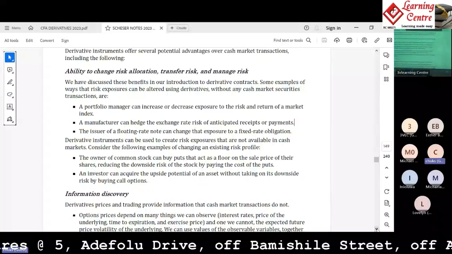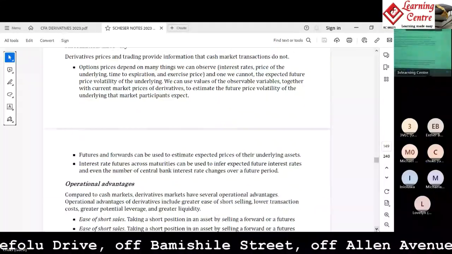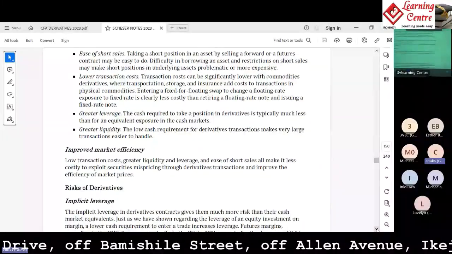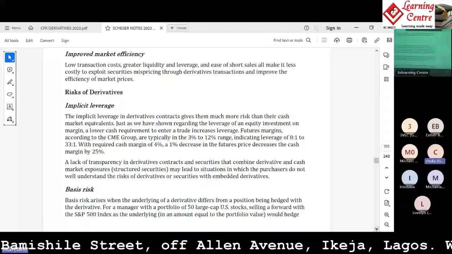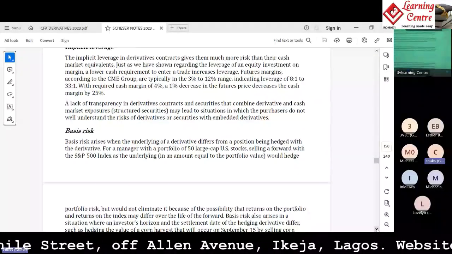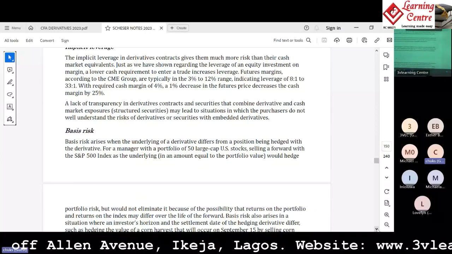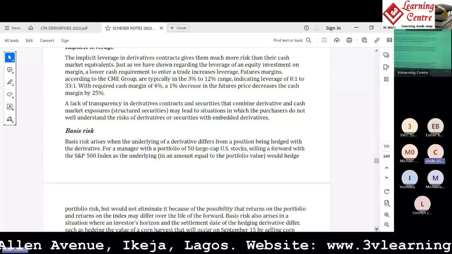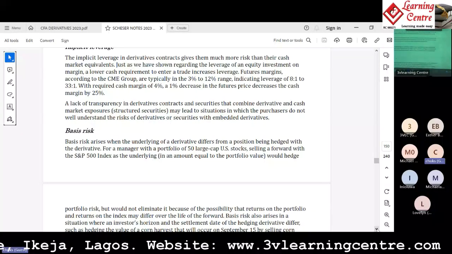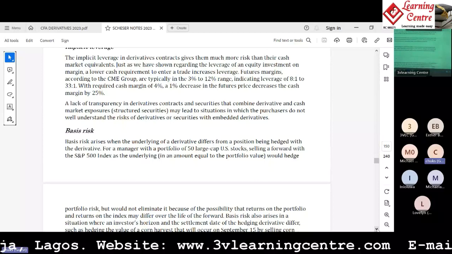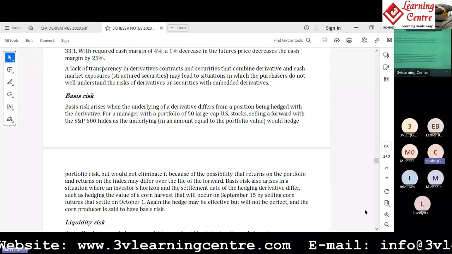Okay, so I'll just run through most of this because they are just things you need to read. So there's information discovery, there's operational advantages, and then improved market efficiency. The risk of derivatives, you have the implicit leverage. The basic implicit leverage just means that because it's not a cash market, there is leverage in it, there is a bit of debt in it that is implicit in the derivative.